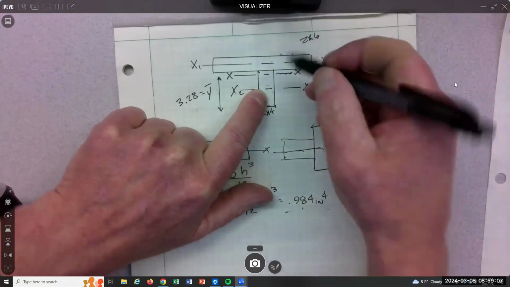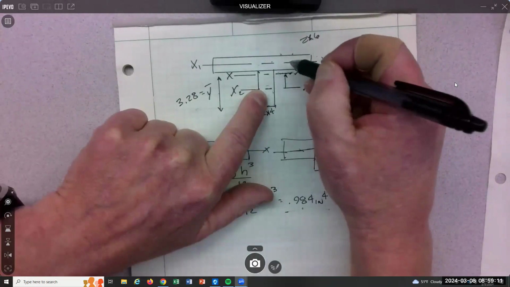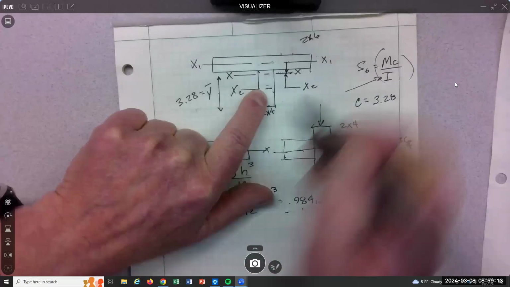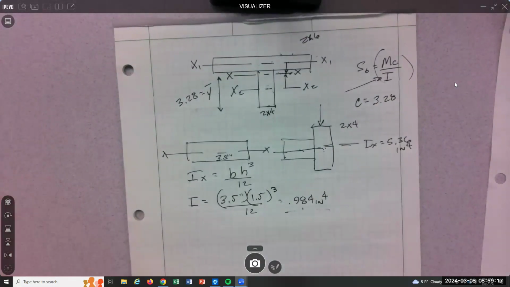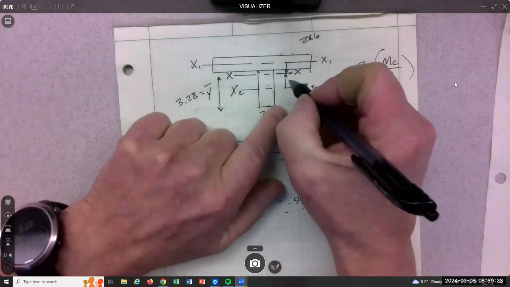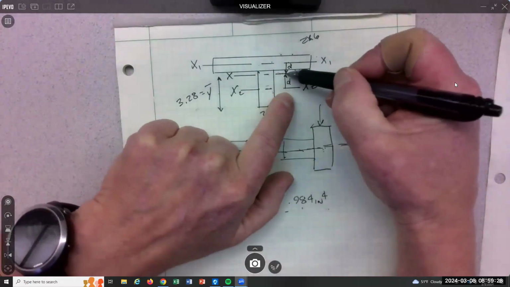To get it there, we have to transfer this inertia to here, and we have to transfer this inertia to here. It's complicated until you go through it a few times, and then you'll get the hang of it. But it's some weird distances, because this is the transfer distance, and this is the transfer distance. So what is this distance?